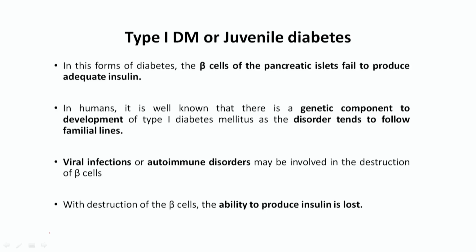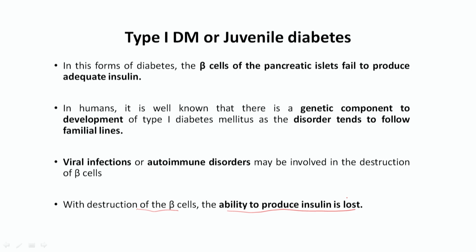First we will discuss in brief type 1 or juvenile diabetes. This occurs because the beta cells are getting destroyed, so insulin production is lost. This type of diabetes occurs at a younger age in animals and human beings.